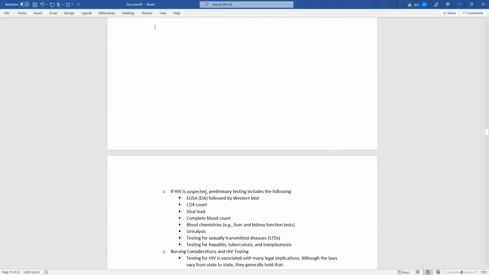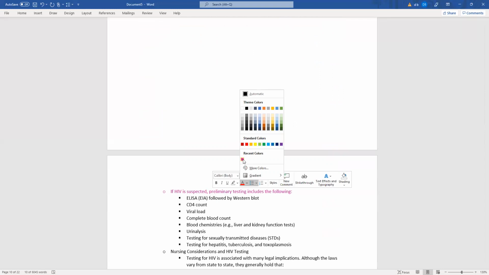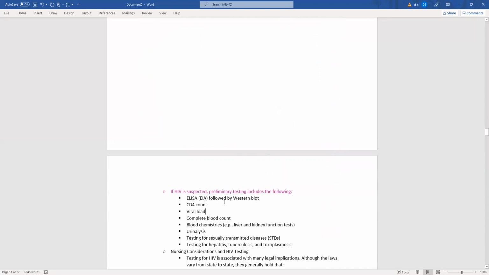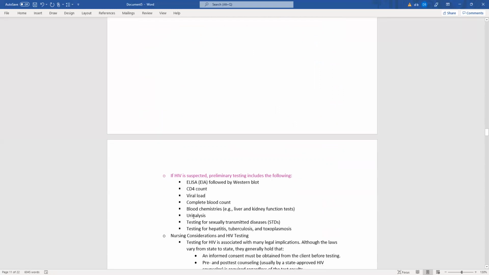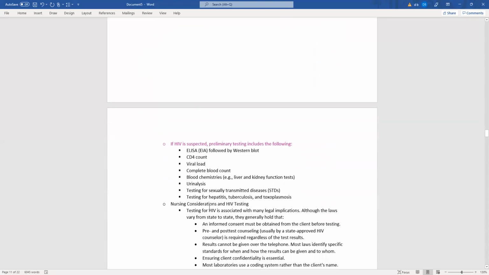If HIV is suspected, preliminary testing includes the following: ELISA, followed by the Western blot, CD4 count, viral load, CBCs, blood chemistry, urinalysis, testing for sexually transmitted diseases, and testing for hepatitis, TB, and toxoplasmosis.